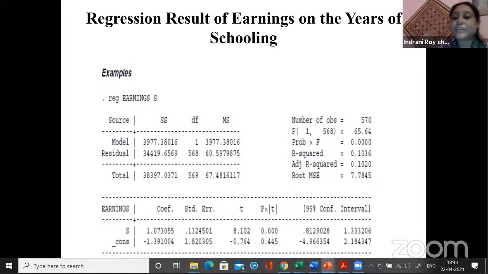So the variables which are statistically significant are the only variables which need discussion. If the variables are not statistically significant, mind it, you should drop the discussions on those variables, because it means they are not relevant in explaining the variability of Y.